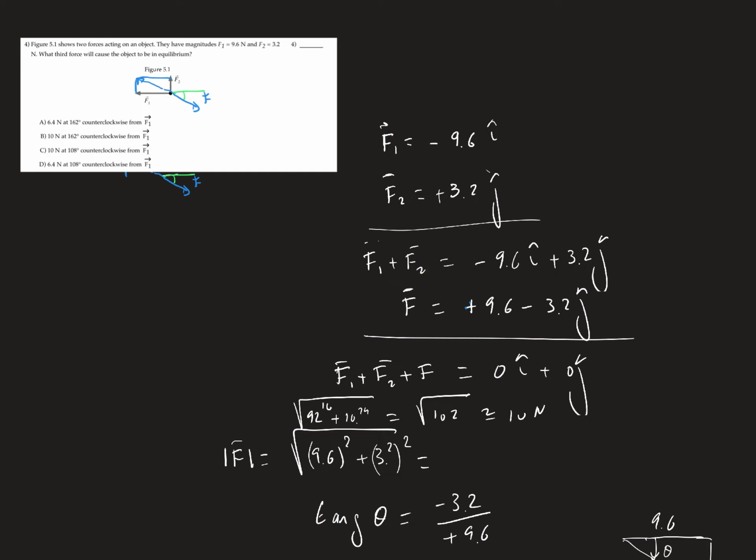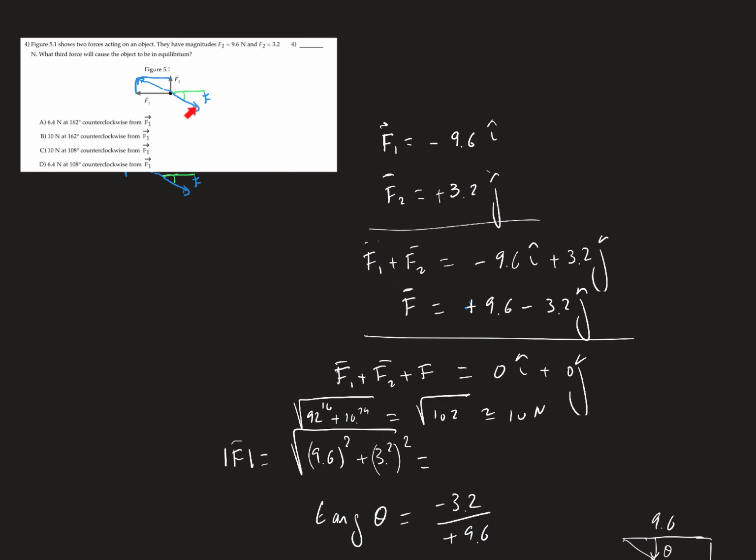The sum is minus 9.6i plus 3.2j. The sum is this vector, you see? It is the sum of this plus this, F1 plus F2. F2 is here, so this is the total force. So if I have a total force, I need a force with the same magnitude but opposite direction.